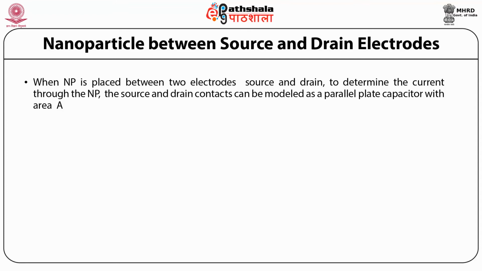So this approximation is valid if capital A is very much greater than D. The source and the drain capacitances at a distance Z from the source are given by CSZ equal to epsilon A by Z, CDZ equal to epsilon A by D minus Z. So the potential can be shown to vary linearly as expected for the uniform electric field.